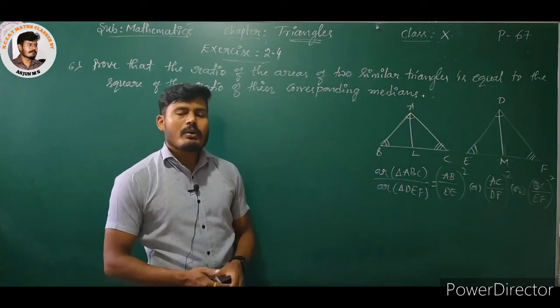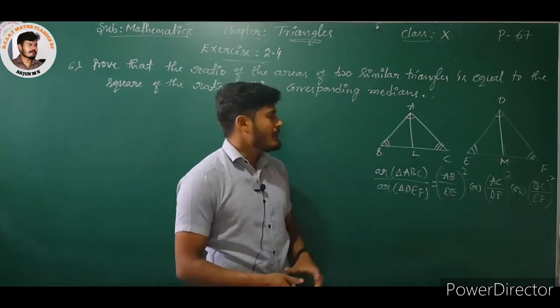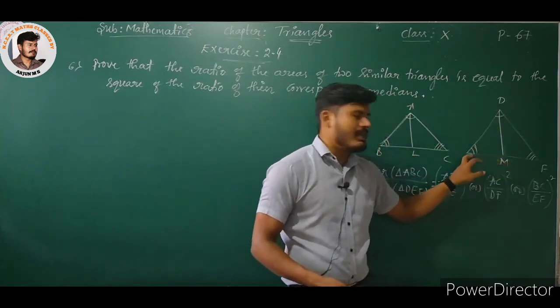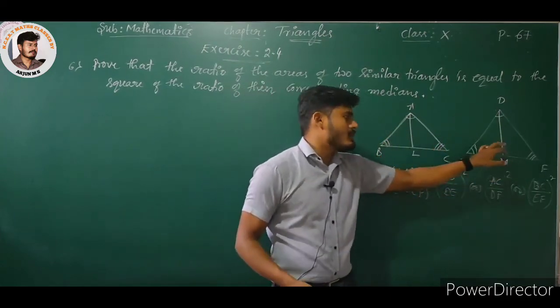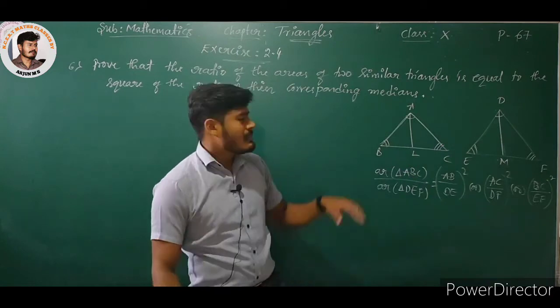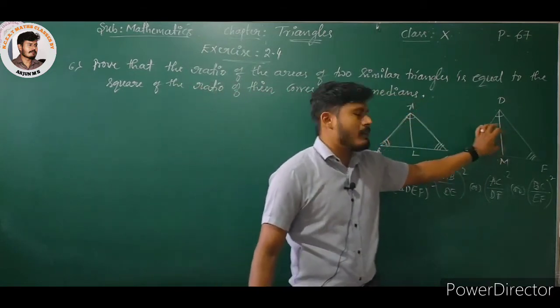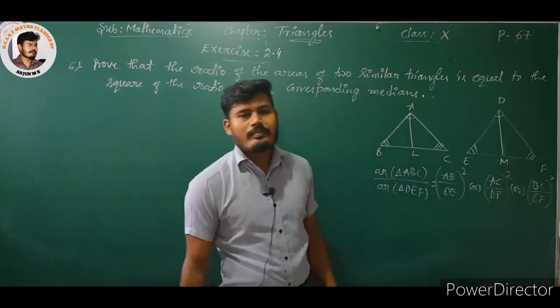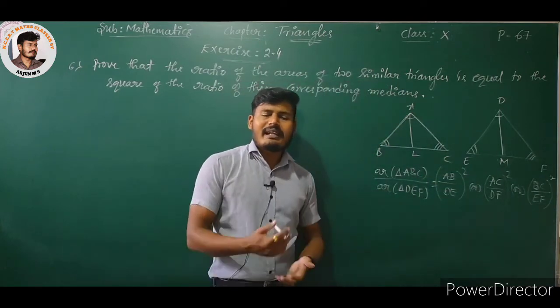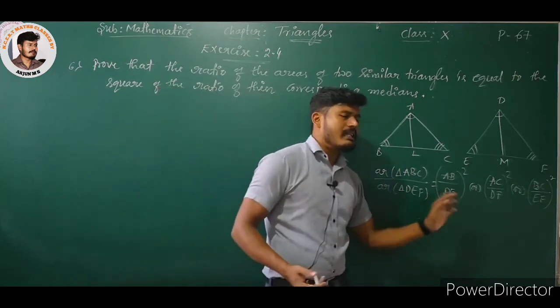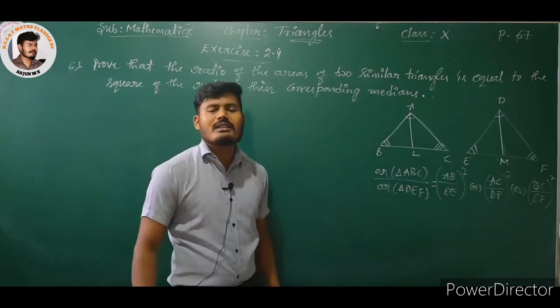One possibility is to take triangle ALB and triangle DME. Prove these two triangles are similar, then we get AB by DE is equal to AL by DM. After finding that, you can easily get the final proof of this question.